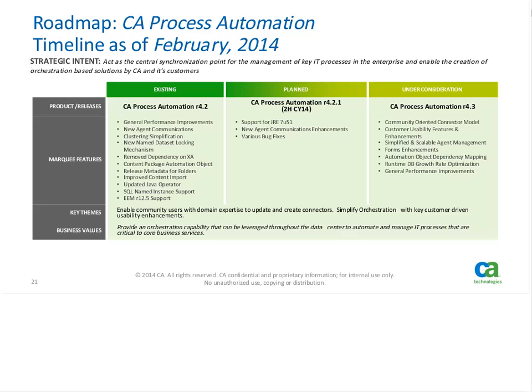In 4.2, we added a new model where the only connection is an outbound initiated connection from the agent. The agent will reach out to the orchestrator, that connection will be persisted, and then all future communication between the two will be sent down that pipe.